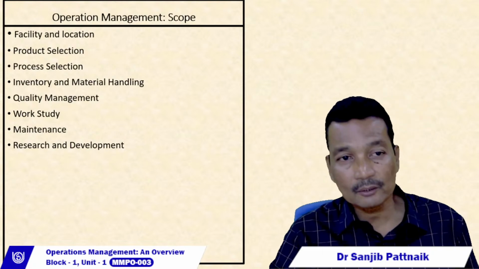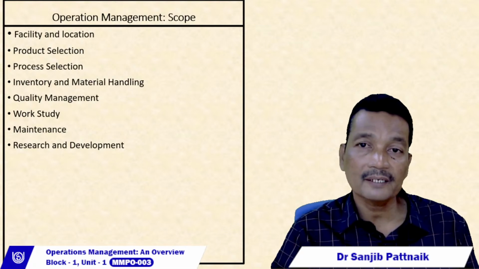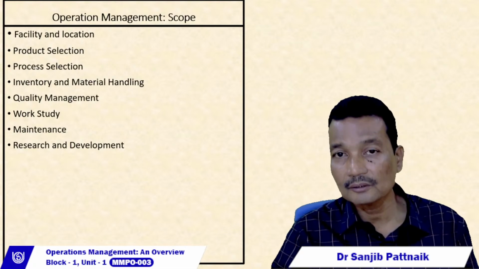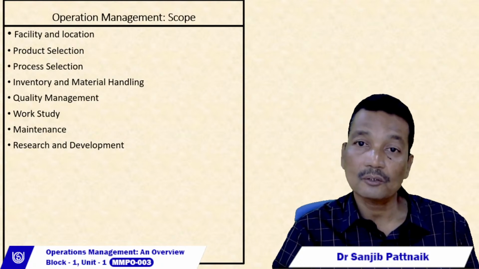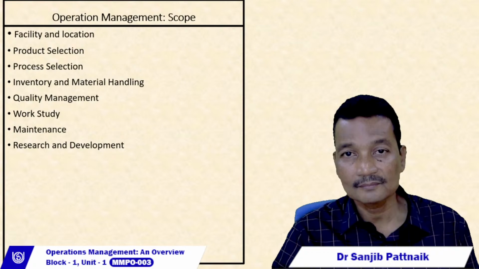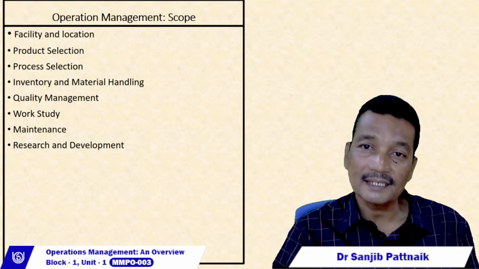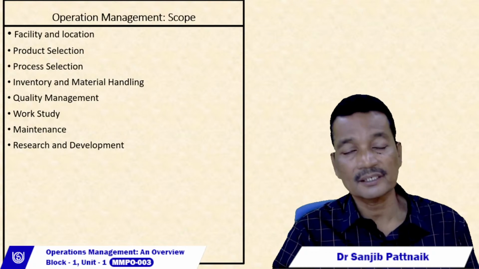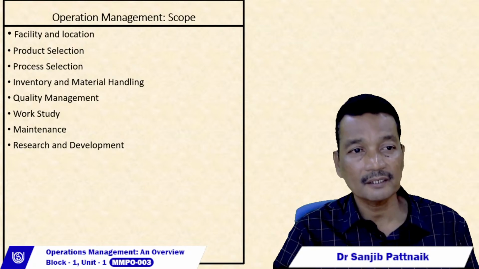Now, when we are talking of location, we say the bakery industry should be near to the city or in the city, but the cost of land will be higher, regulations will be there. So, all these aspects will be taken into consideration in choosing the location of the bakery unit.